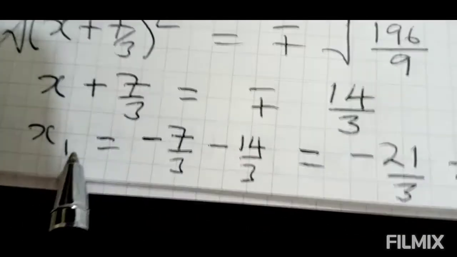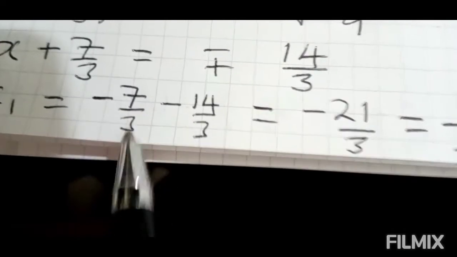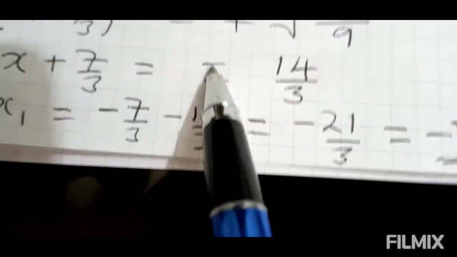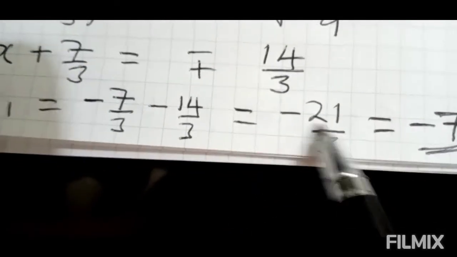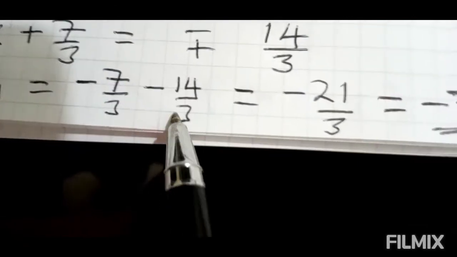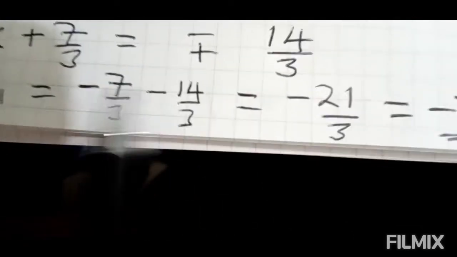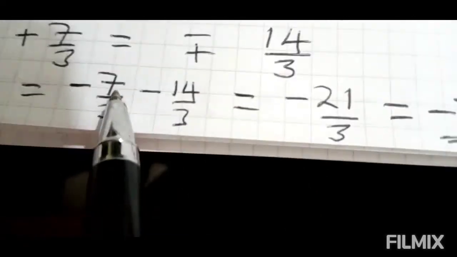So x1 is minus 7 over 3, minus 14 over 3. The denominator is the same, it is 3, so we just add the numerators. So 7 plus 14 is 21. So minus 21 over 3, which is equal to minus 7. That is minus 7.